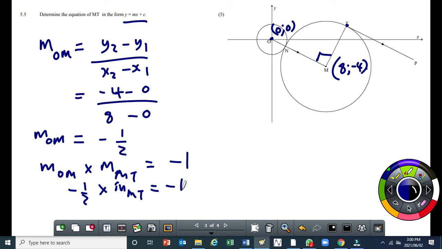Okay, remember I told you about reciprocals when it comes to this. So when you simplify, since this is minus a half, it means the gradient of MT is going to be positive, the reciprocal of that. So m MT will be equal to 2.